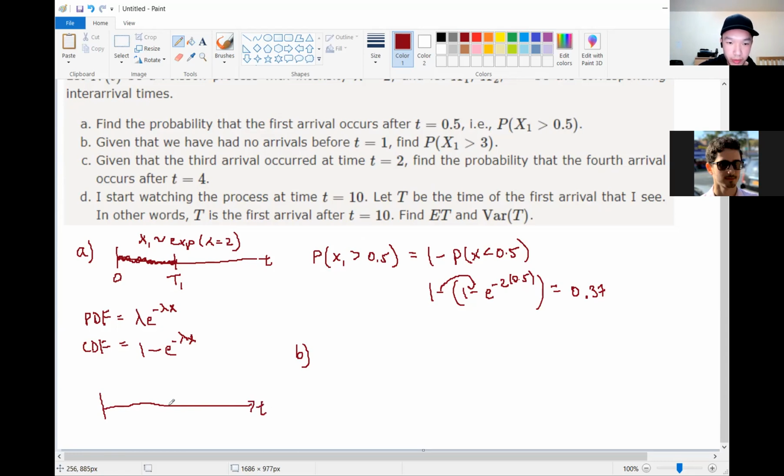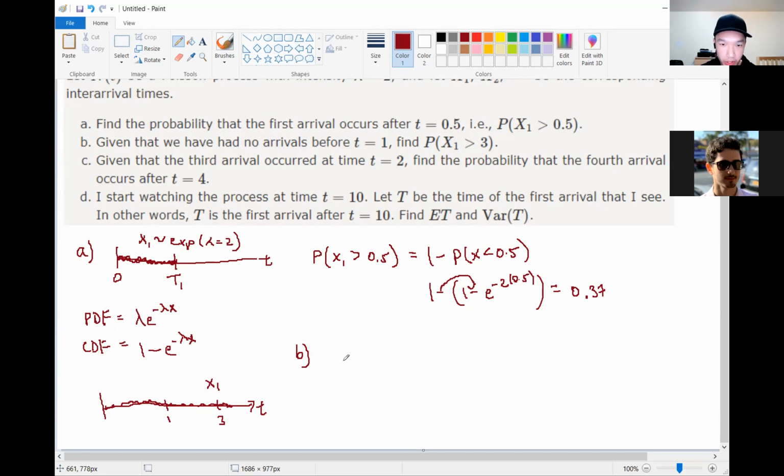So this is t, and let's label time 1 here, and then let's say this is time 3 here. We want to find the probability that x of 1 is greater than 3, so the distance of x of 1 is going to go past the 3 mark.